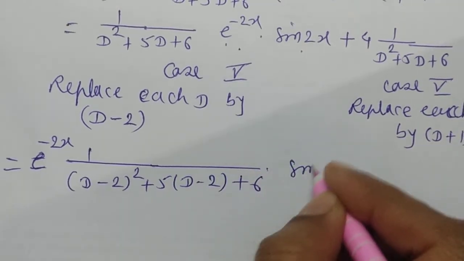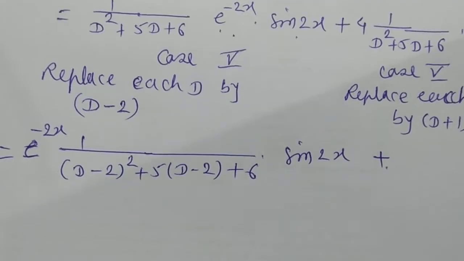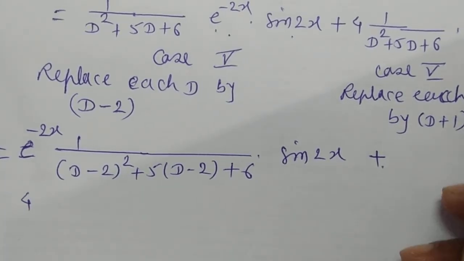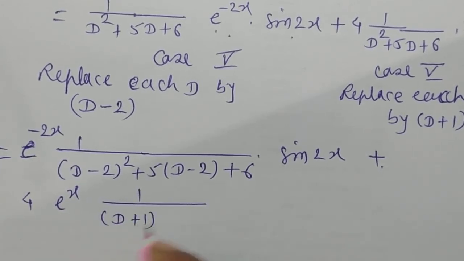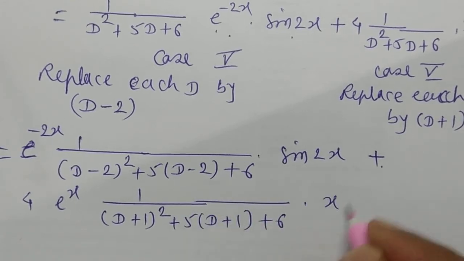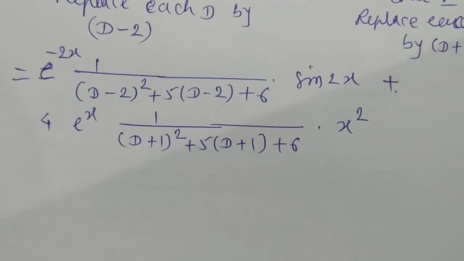Remaining function is sine 2x plus, in the second term this 4 is constant. Here the exponential term is e raised to x and in the operator we have to replace each D by D plus 1. So we'll write D plus 1 here plus 6 into the remaining function, that is x square. Okay. Now simplify it.